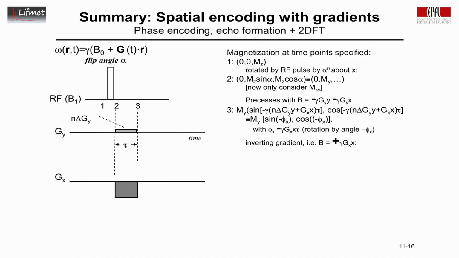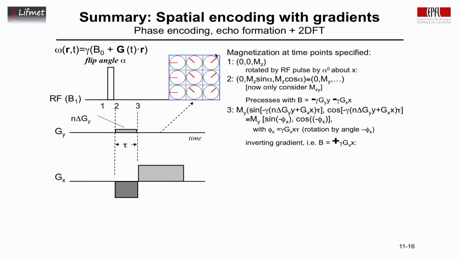So now we will invert the gradient. So now the B field becomes plus gamma Gx x. During this time we have the precession according to the position in our area, and so we will have a rotation of the magnetization along x by an angle plus phi x.